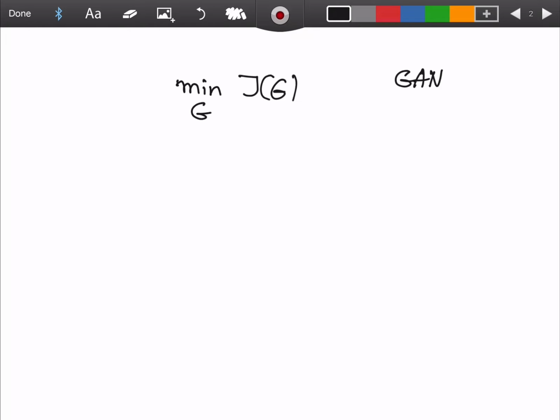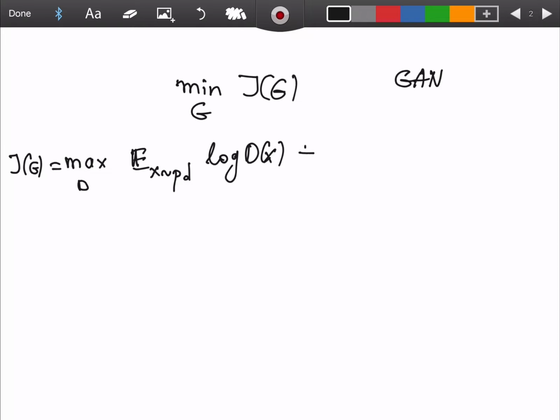So again, let me rewrite this objective. We are maximizing over D. This is J(G), right? We are maximizing over D this expectation of x belonging to PD of log d(x). Let me write it in a slightly different way.